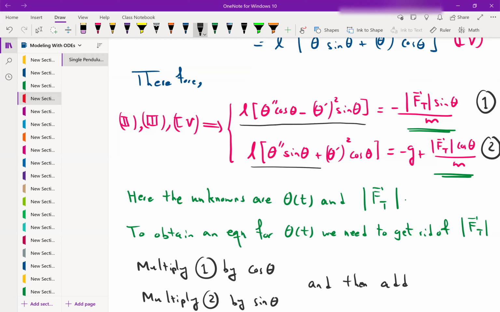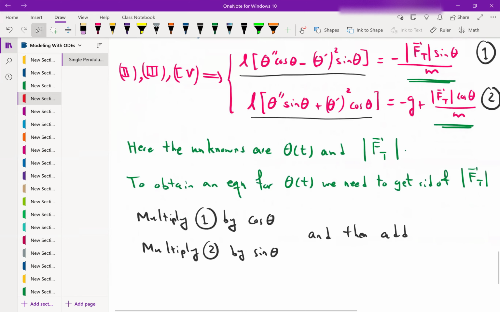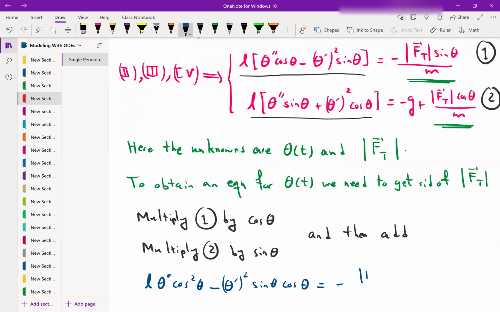What will happen to this left-hand side? If I do that, what will happen to the left-hand side? Let me actually write this out. So I'm going to multiply the first equation by cosine theta. So I will have on the left, L theta double prime cosine squared theta minus theta prime squared sine theta cosine theta equals negative Ft, the tension force, sine theta cosine theta over m.